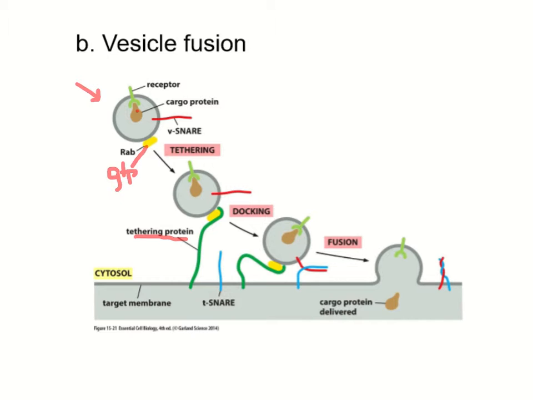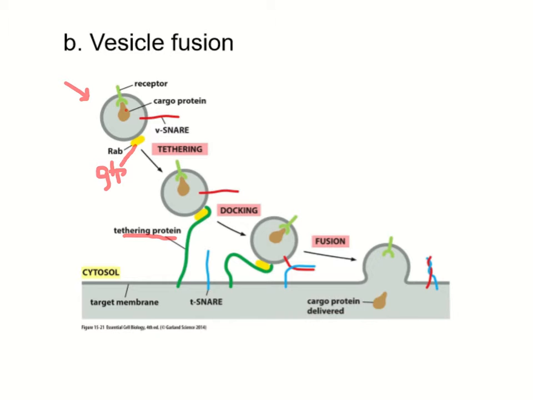So before that happens, there are these other molecules called snares. There's a target snare that's called T snare down here, and then there's the vesicle snare that's called the V snare. And once the tether brings the vesicle close into the target membrane, these snares will contact one another and begin twisting together.